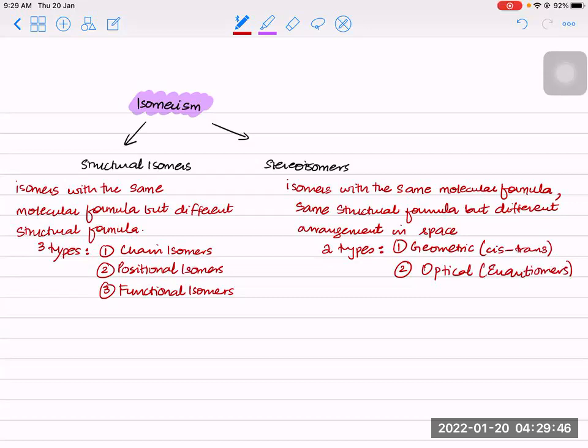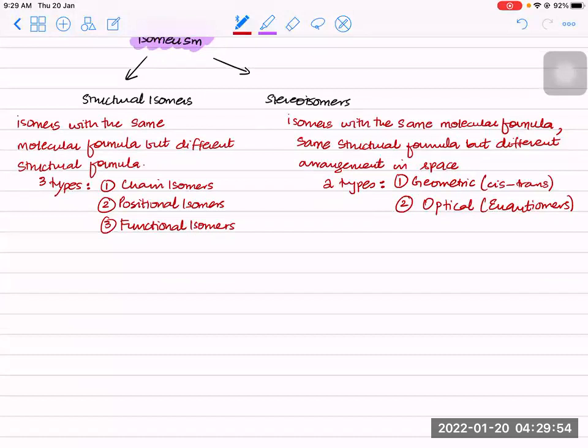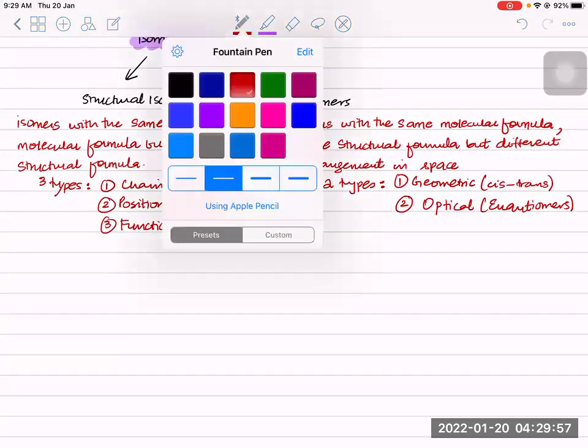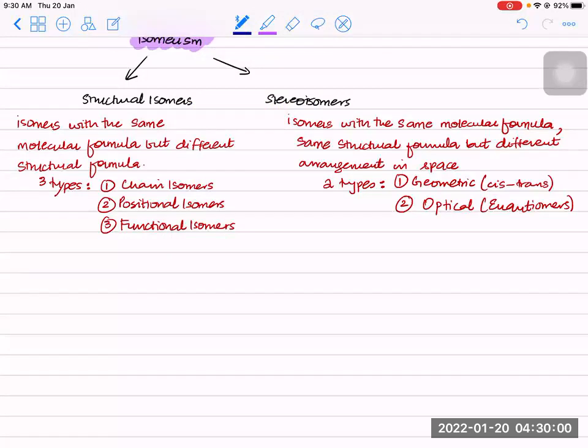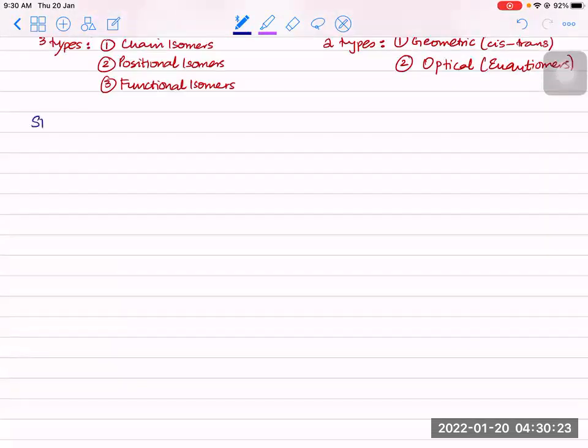So we have structural isomerism and we have stereoisomerism. Structural is when we have the same molecular formula, but different structural formula. There are three types: chain, positional, and functional. Then we have stereoisomers. They have the same molecular formula, same structural formula, but different arrangement in space. Clear? Let's see structural isomers first.